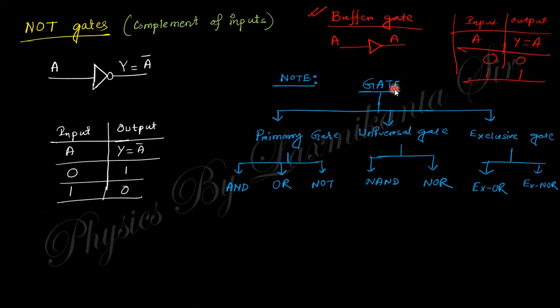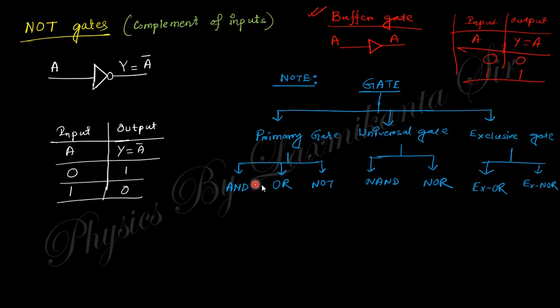A gate allows entry of particular inputs, like a man entering this room. Those who have the keys to this room are allowed in through the gate, like that.